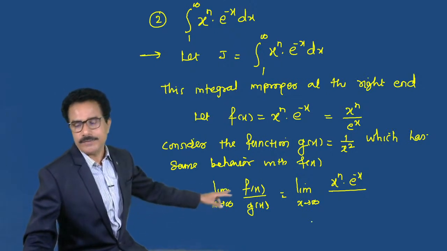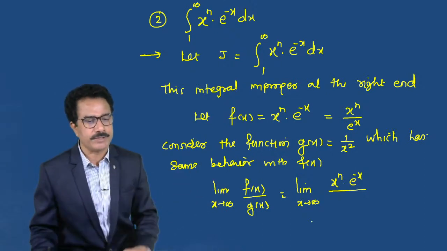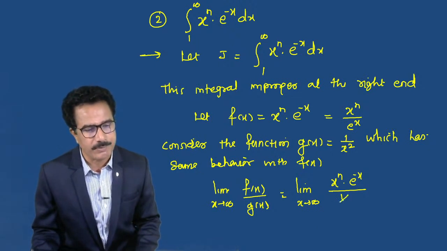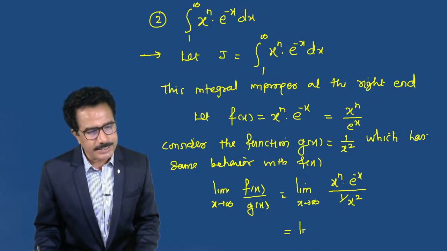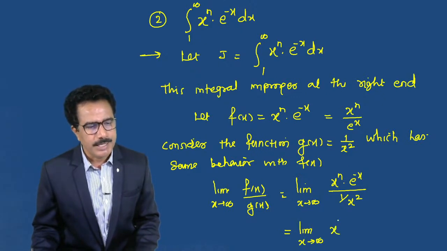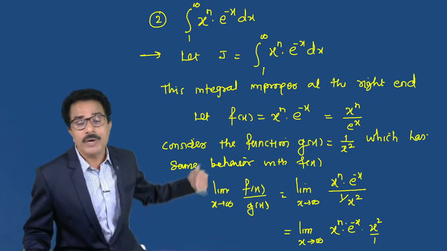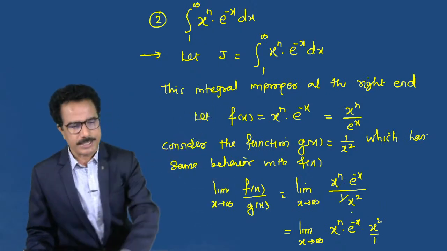Limit x tends to infinity, f of x divided by g of x, which is equals to x raised to n divided by 1 upon x square. So we can write this as limit x tends to infinity, x raised to n e raised to minus x into x square divided by 1. 1 upon x square means we have to take the reciprocal.